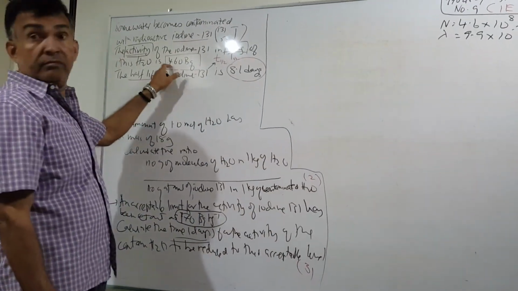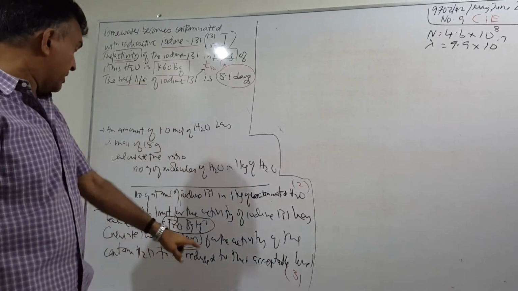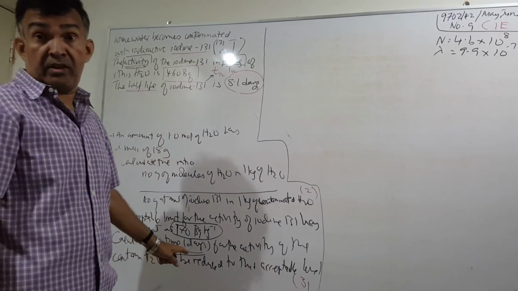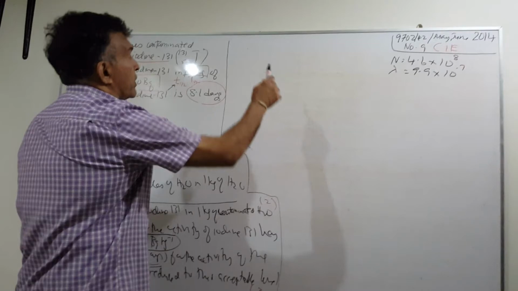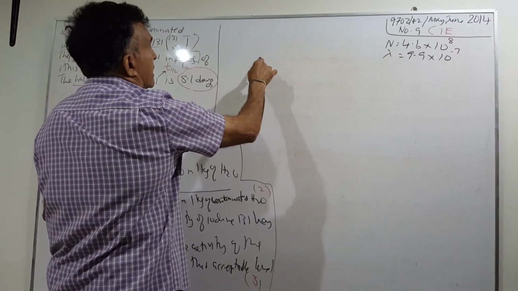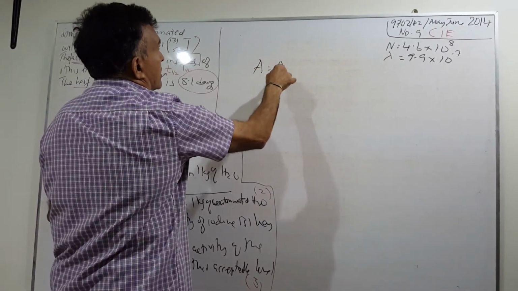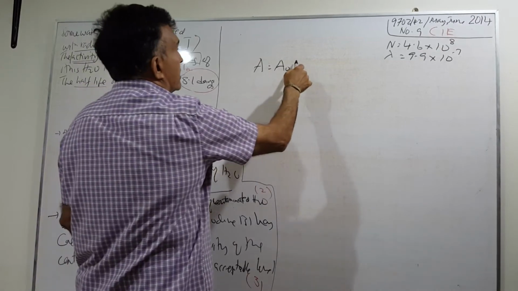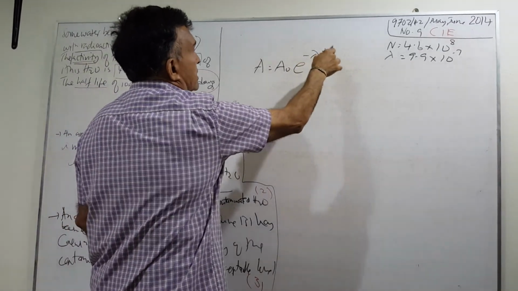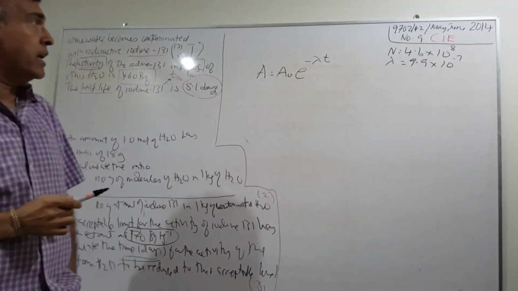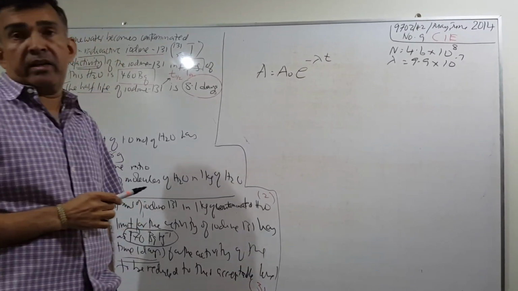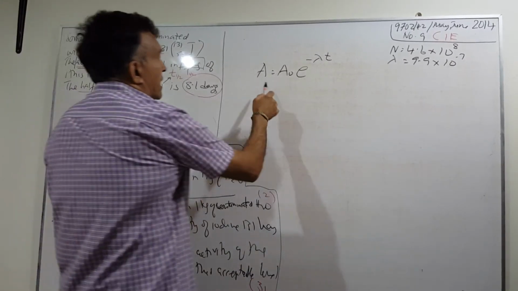Where did we start? We started at 460. Now remember, the acceptable limit is 170. So we know the formula we're going to use, the activity formula: A equals A naught e to the power minus lambda t.